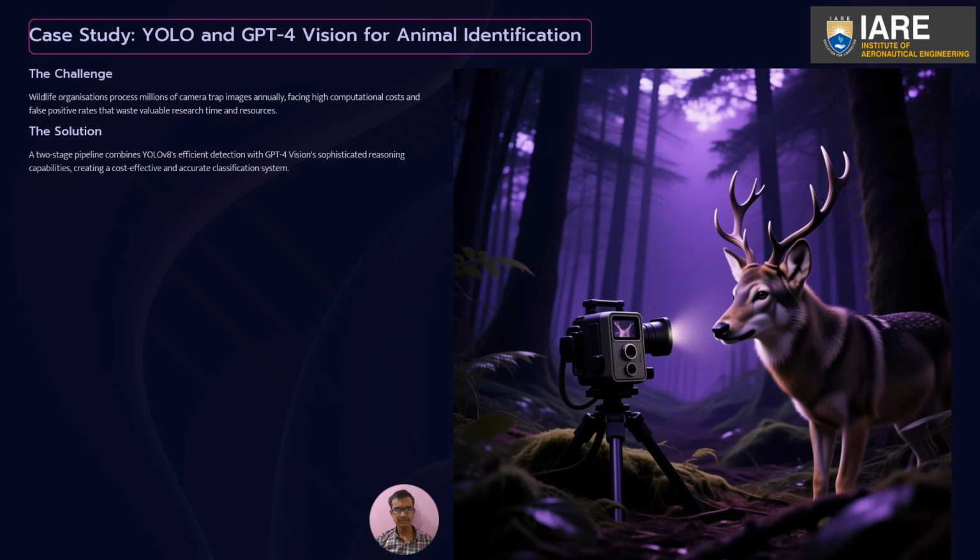The solution we have is a two-stage pipeline which combines YOLO V8's efficient detection with GPT-4's sophisticated reasoning capabilities of the vision, creating a cost-effective and accurate classification system.